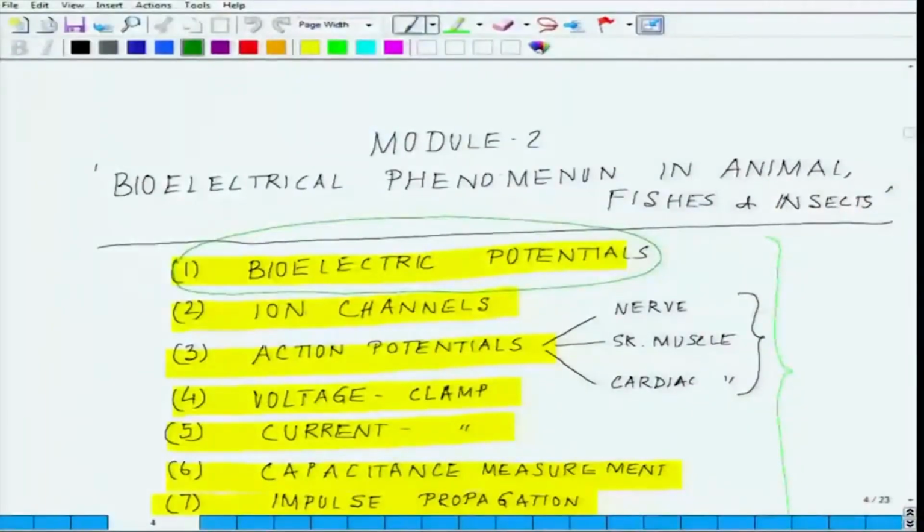So, we are in module 2, and in module 2 we have done our first class, which is on bioelectric potentials. From here we will move on to the next two topics. If you look back at the screen, these are the two topics we are going to deal with now: ion channels and action potentials.